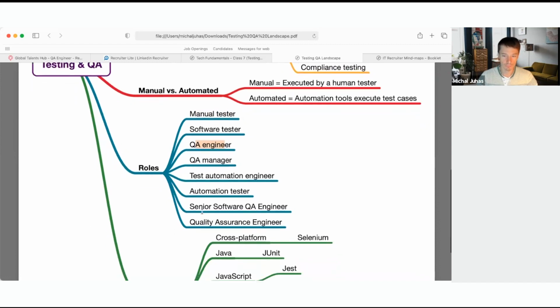And then some different ways how to call the same person. So test automation engineer, right? It's like QA engineer, test automation engineer, or automation tester. This is just another way to call the same person. Quality assurance engineer is just QA, right? QA stands for quality assurance.